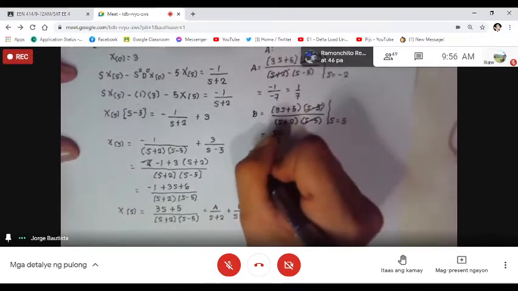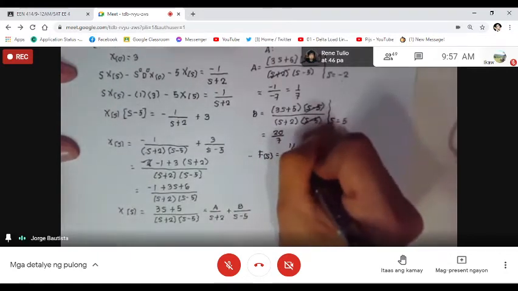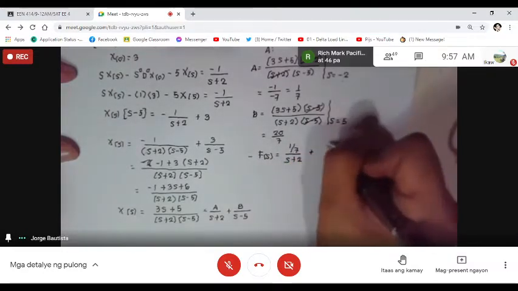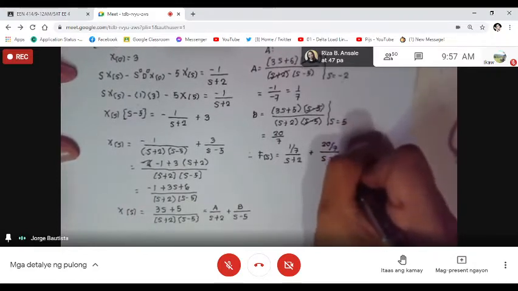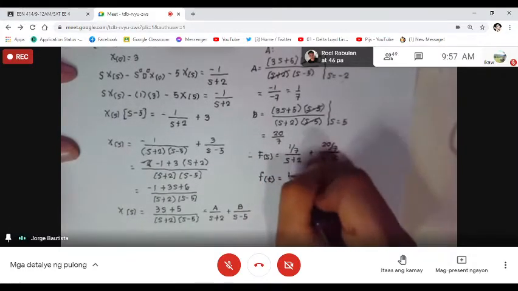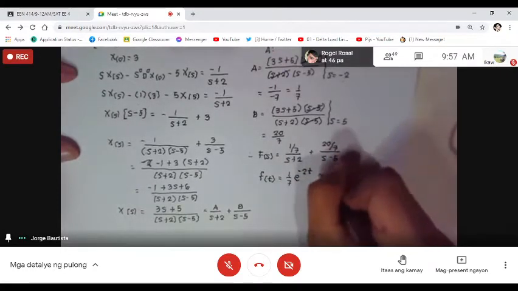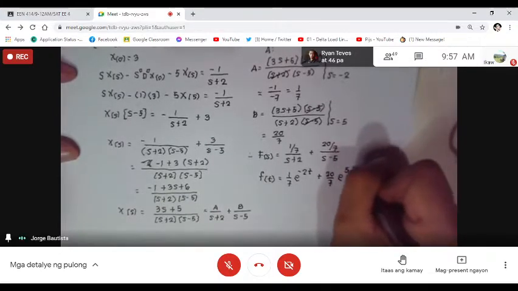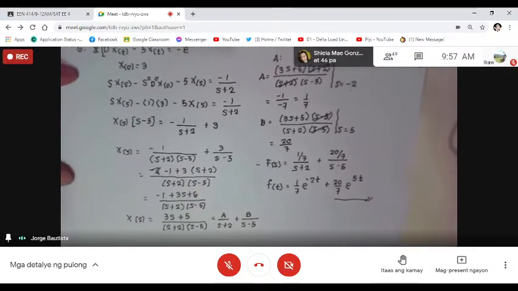So therefore, X(s) is 1 over 7 over s plus 2 plus 20 over 7 all over s minus 5. So pag in-inverse Laplace mo yan, that is 1 over 7 e raised to negative 2t plus 20 over 7 e raised to positive 5t. Okay? That's number 6.